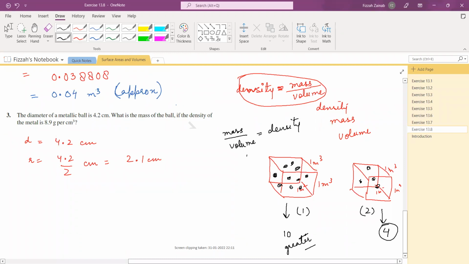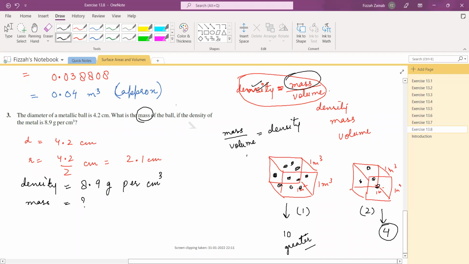Now you have to find the mass of the ball. If the density of the metal is 8.9 gram per centimeter cube, right? And what you have to find? Mass. So if we use this formula, density is equal to mass upon volume, you know density and you have to find mass.